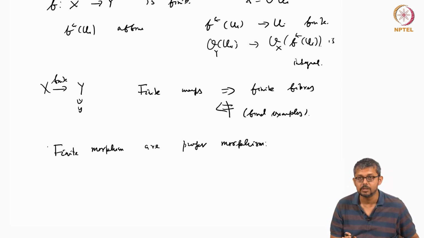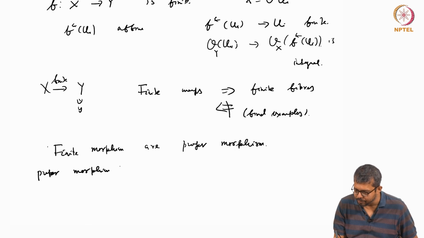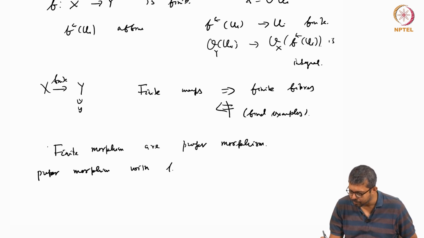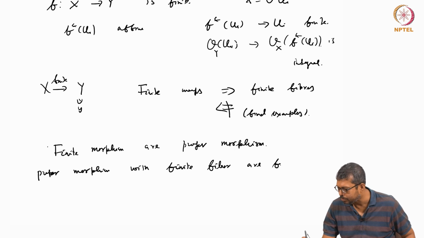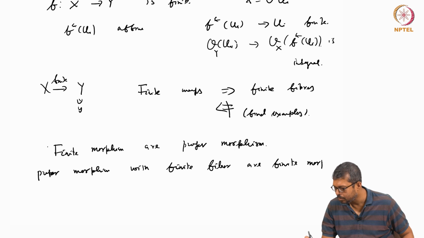But the converse is also true, that a proper morphism with finite fibers is a finite morphism. Finite fibers, these are called in algebraic geometry quasi-finite maps.